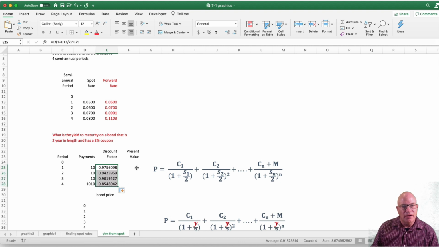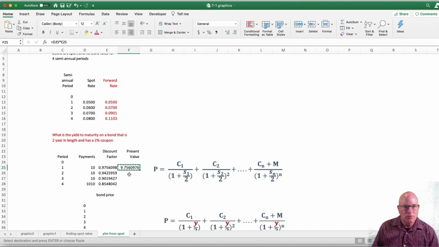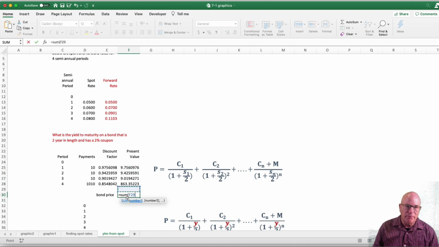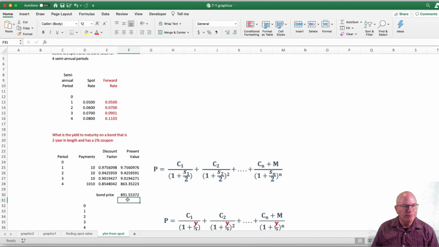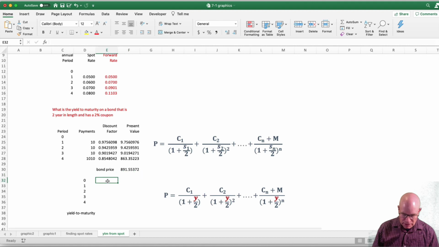And then we're going to find the discounted cash flow for each one of those periods. Sum them, and there's our bond price. $891.55.